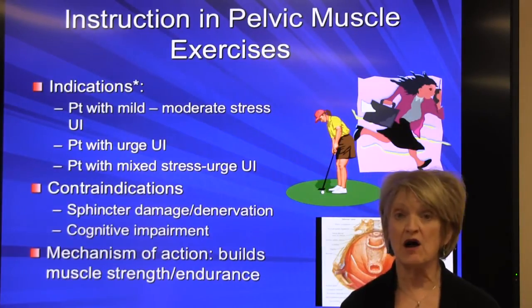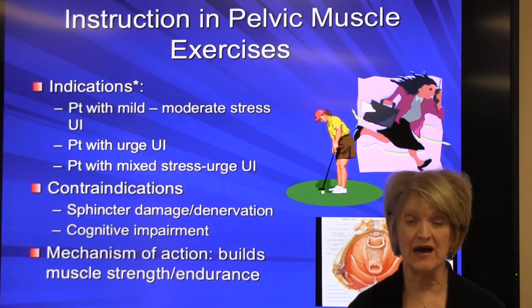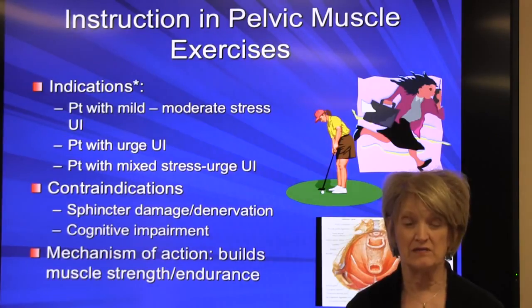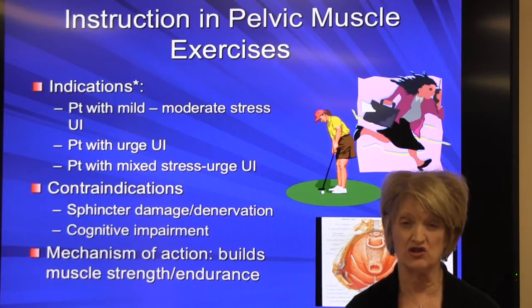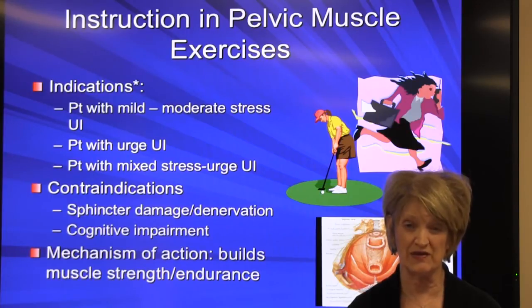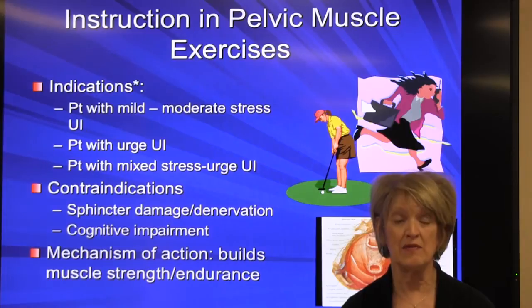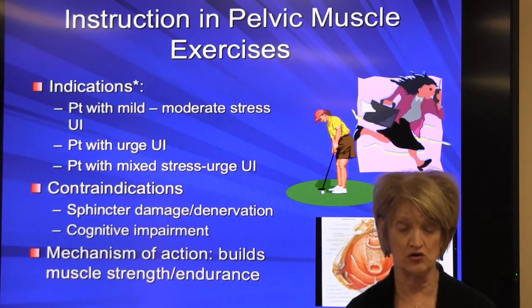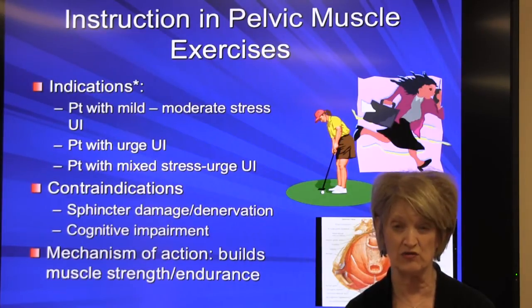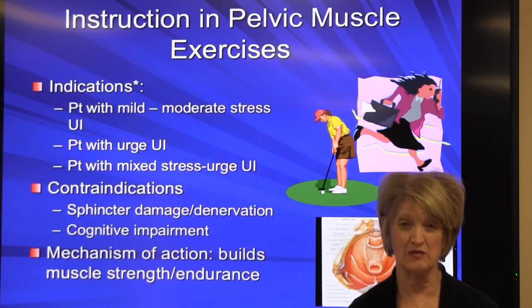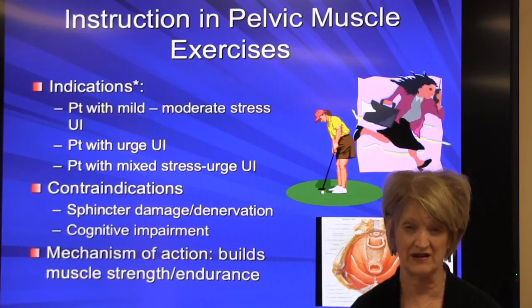We've spent a lot of time talking about the impact of weak pelvic floor and sphincter muscles and the origin of stress incontinence. We've talked about the fact that when the periurethral sphincter muscles are weak and the pelvic floor muscles are weak, the patient cannot provide enough urethral resistance to counteract the effects of increased bladder pressure.